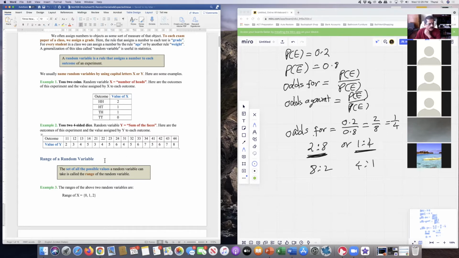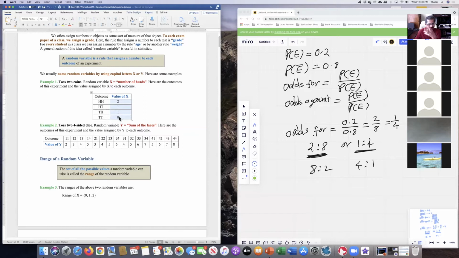Here we'll understand the range of a random variable first. The range of a random variable is the set of all the possible values it takes. So you have to collect all the values the random variable takes and put them in a set. That set is the range of X. So going back to example 1, X is defined as number of heads, and here are the values it takes.